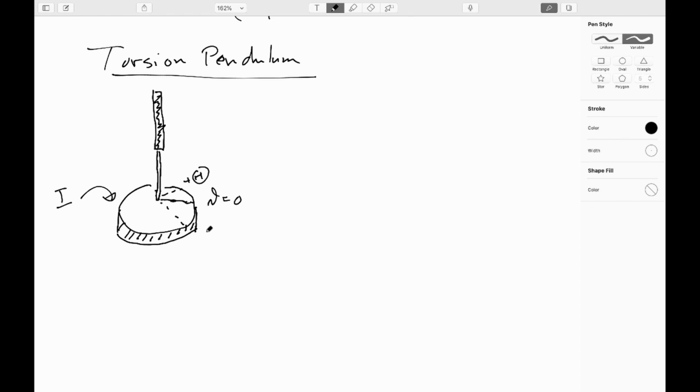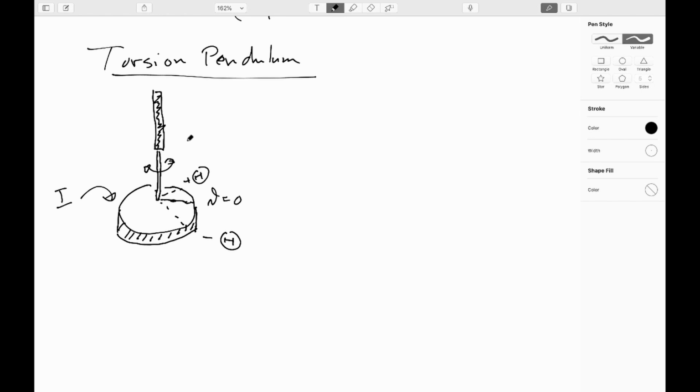And then what will happen is it'll twist back and forth, moving the fastest through the equilibrium angle and turning around at the extrema, the amplitude angles here, plus and minus capital theta. And what's making this twisting back and forth happen is the piece of spring steel.